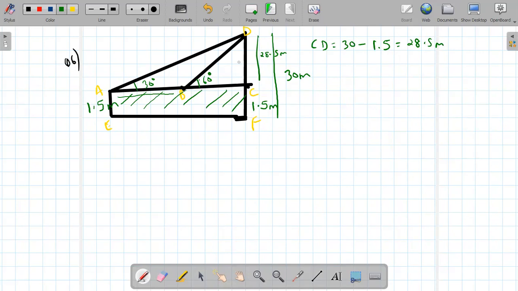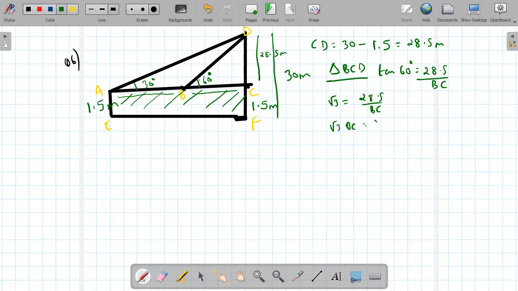So what we are going to do, we are going to take the triangle BCD first. In triangle BCD, this is 60 degrees. So we'll use tan because the perpendicular is given. We can find out the base length. So tan of 60 is equal to 28.5 upon the base BC. Tan 60 is root 3. Substitute that value.